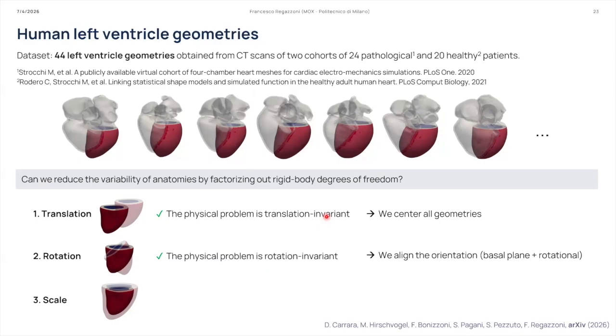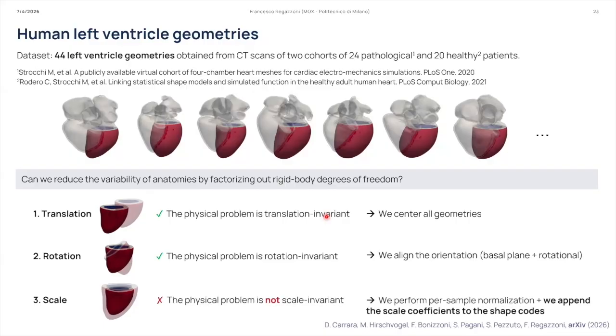And what about instead the scale transformation? Well, unfortunately, the physical problem is not scale invariant, but still we can separate the contribution between shape and size by performing a per sample normalization and then keeping track of the scale coefficients in the physical problem and in the physical surrogate.